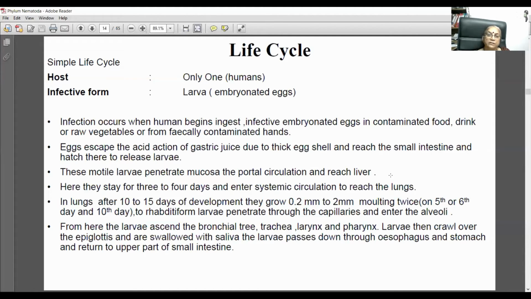After ascending through the bronchial tree, they reach the trachea, larynx, and pharynx. The larva then will crawl over the epiglottis and is swallowed with the saliva, and the larvae pass down through the esophagus and stomach and return to the upper part of the intestine.